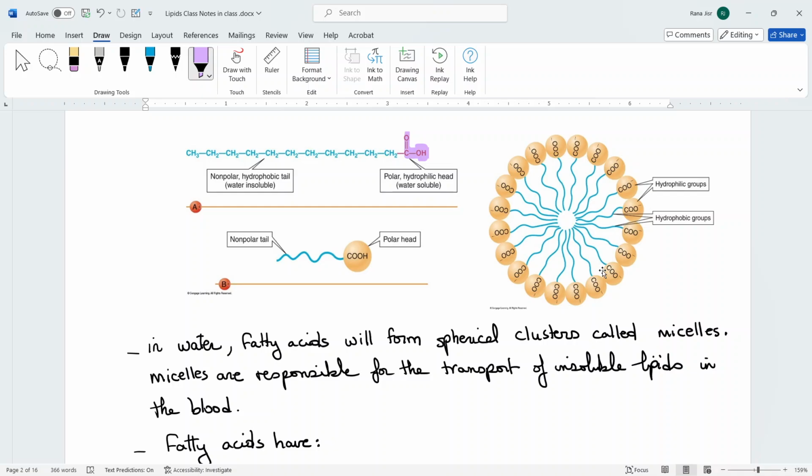And these micelles have a very important job in transporting insoluble lipids in the blood, because lipids are water insoluble. So this is how they are transported through blood, by forming spherical clusters or micelles.